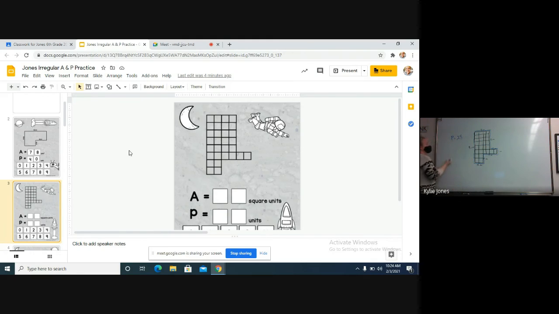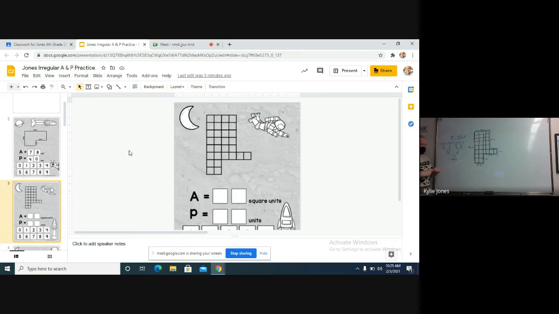We have 8 plus 2 plus 2 plus 4 plus 1 plus 2 plus 5 plus 4. And 6, 3, 9, 16 plus 12. What's 16 plus 12? 28. So the perimeter is correct.